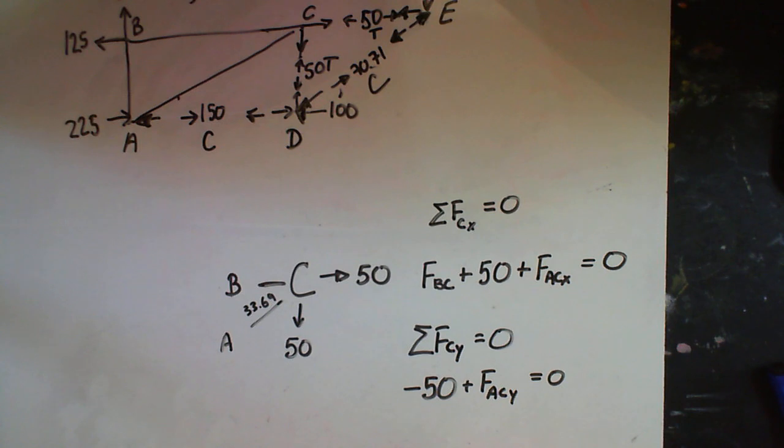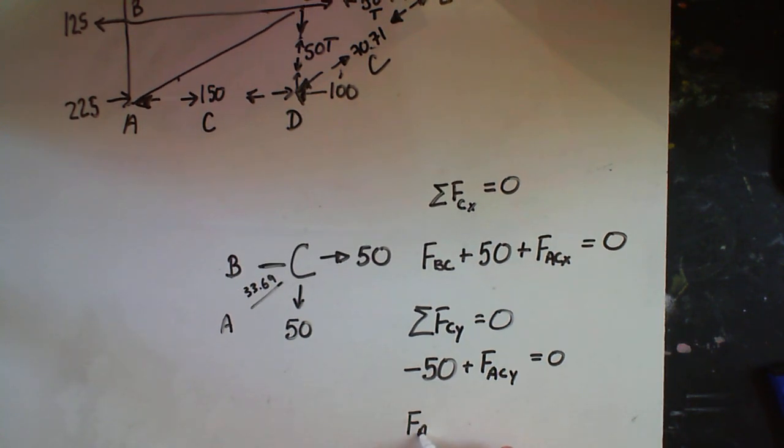The force of AC with respect to y will be the overall force of AC. Since we are working with y, it is the sine of the angle it is applied at, which is 33.69. And we add the 50 to both sides.